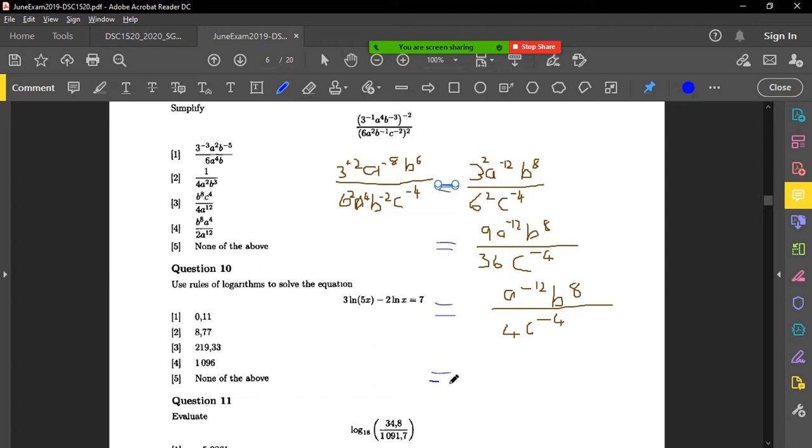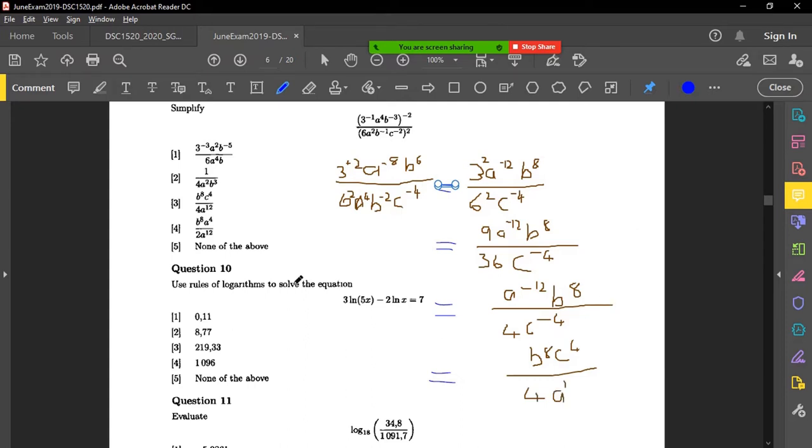That's good, but now you don't want negative exponents. So how do you get rid of the negative exponents? You have to swap them around, or move them to the bottom. Yes, you can move it to the bottom or to the top. So the final answer: B 8, C 4, over 4, A 12.